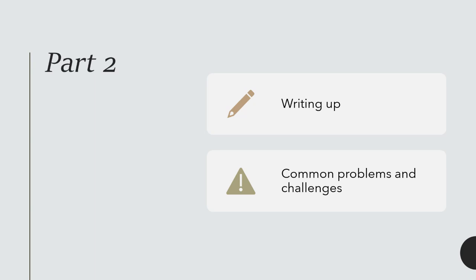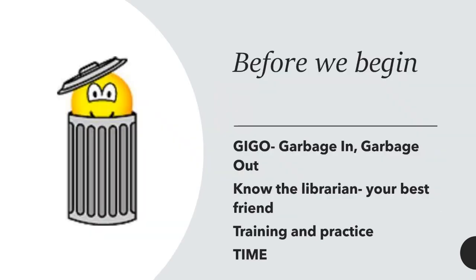As always, I start with this slide even before we begin. And these are the four aspects that I find are most important when we consider and start to think about our literature review. One of the most important aspects is the GIGO aspect, and that relates to garbage in, garbage out.